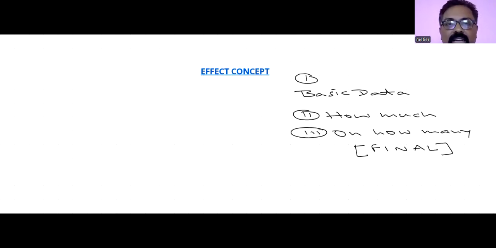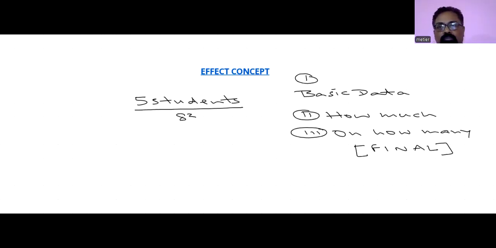Say there are 5 students in a class and their average marks is 83. Average marks 83 means the 5 students may get 5 distinct marks and their final average comes as 83.